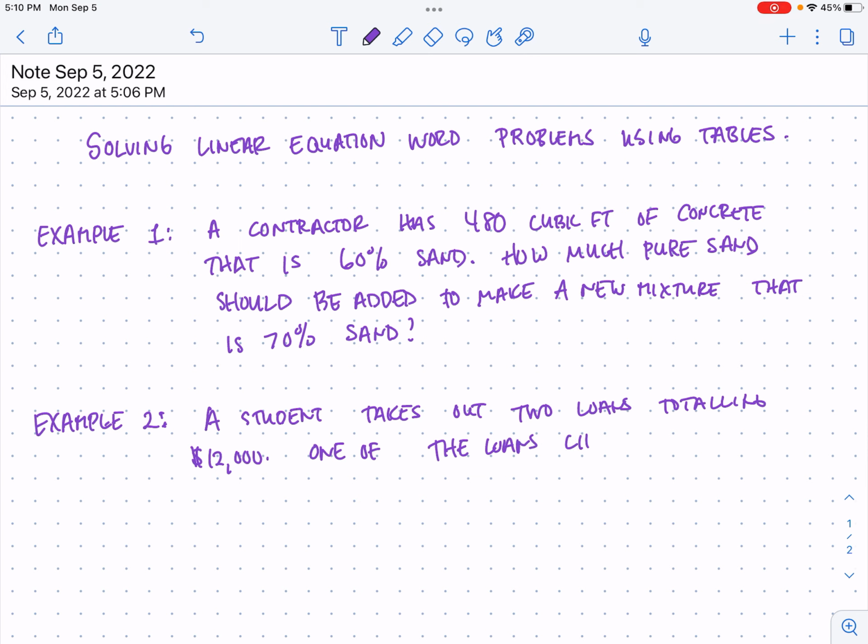One of the loans charges 4% simple interest per year, while the other charges 10%.